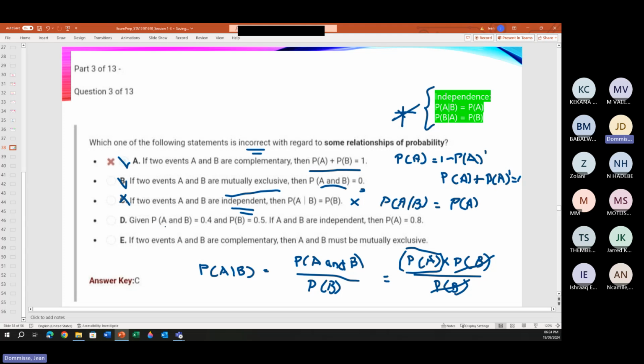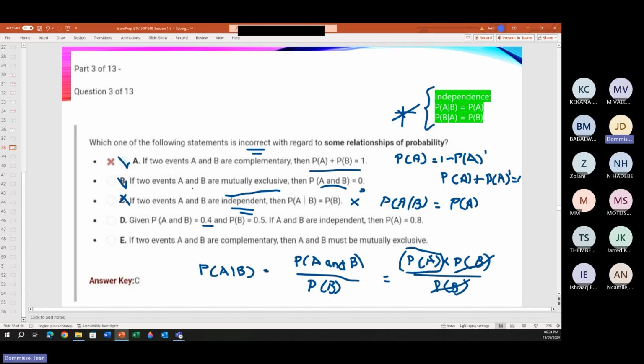Given that the probability of A and B is equal to 0.4 and the probability of B is 0.5, if A and B are independent, then the probability of A is equal to 0.8.